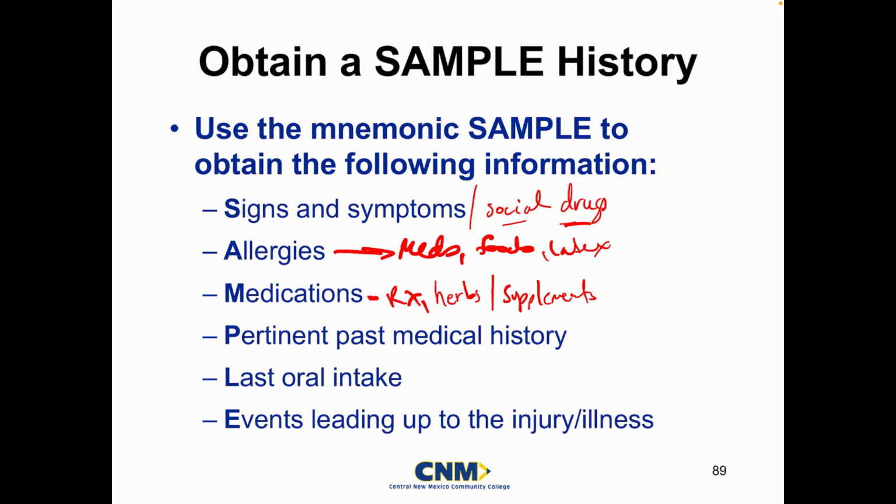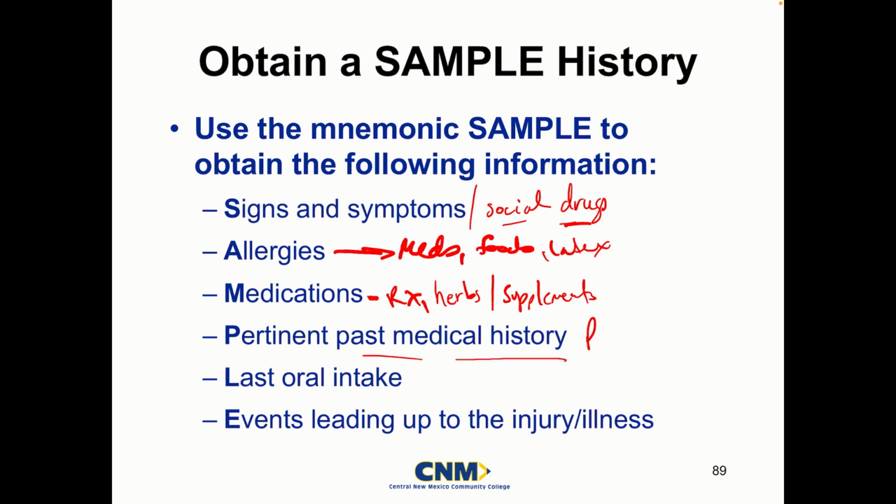Maybe it happened a long time ago, but it does still have an impact on their body. That's different than things that happened a long time ago that aren't really playing into the mix. So for example, if this person tells you, I had my tonsils removed when I was 10, that's 70 years ago, and they're potentially having a heart attack, the tonsillectomy may not be as important as other parts of their medical history. So we want to ask about pertinent past medical history.